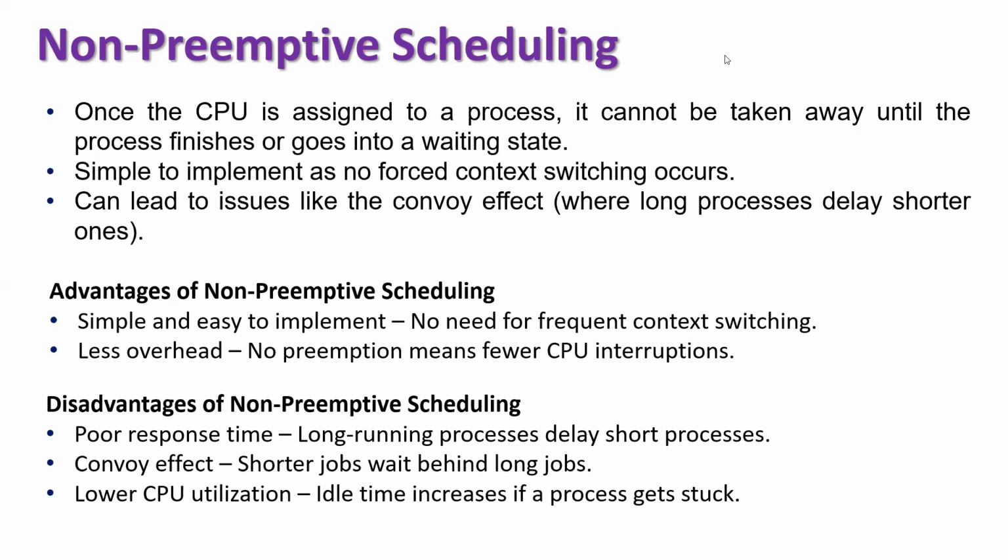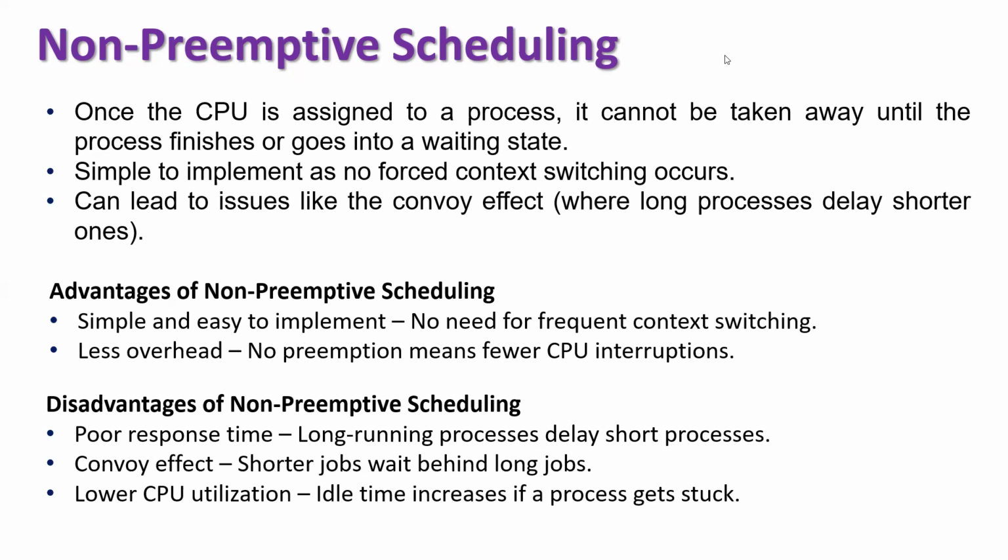Advantage perspective, it is very simple and easy to implement. Lower overhead since no context switching occurs due to preemption. Easier to implement and manage. Disadvantage perspective, it can lead to poor response times for interactive processes.